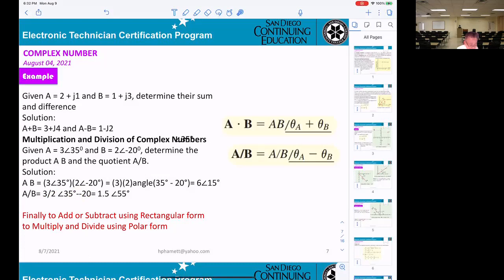That means you get 35 minus minus 20, you get 55 degrees.